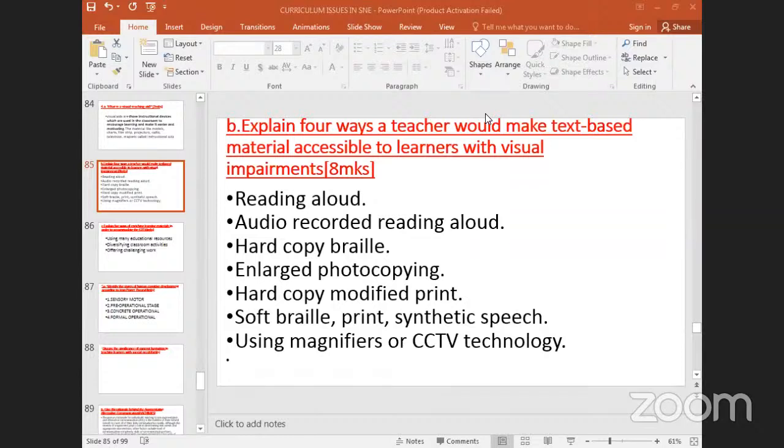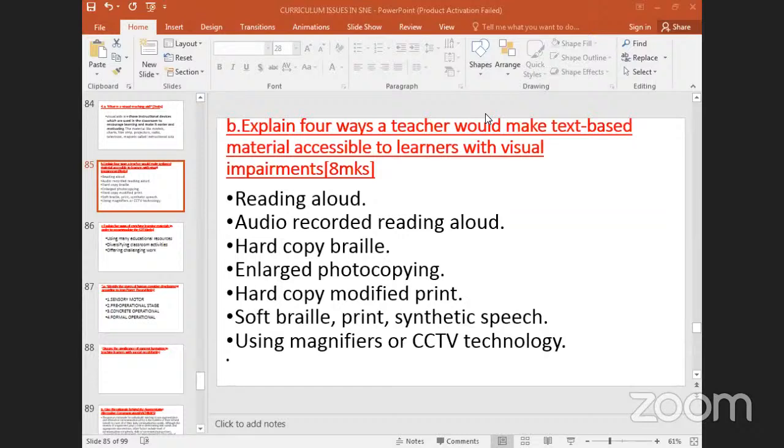Thank you. So we have also talked about braille. You can take the materials and put the hard copy materials in braille. You can also enlarge photocopied materials. You can also modify hard copy print.